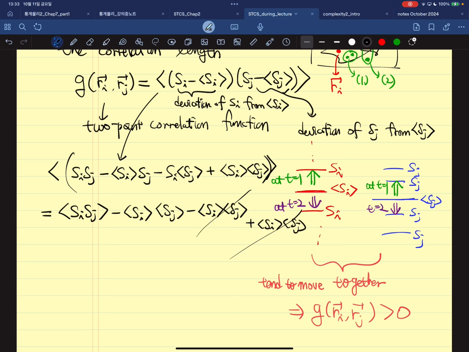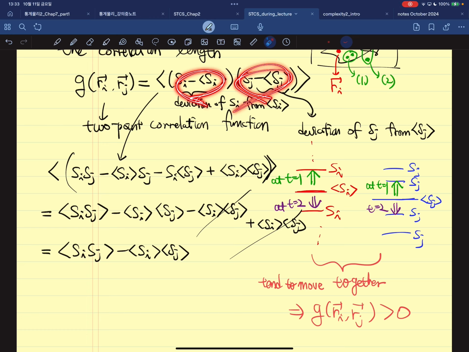So this will cancel out, and we end up with a much better expression, like this. Instead of taking the deviation of each individual spin, we can just take the average of the product minus the product of the averages. It's also a rhythmical way to remember this correlation.